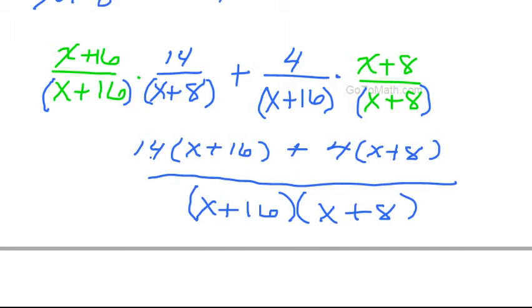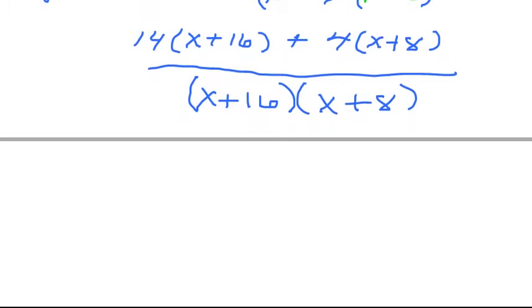Now what we'll probably want to do here is multiply that 14 across, multiply that across, and collect up some like terms, get that in some kind of standard form there. So we end up with 14x plus, and then we got 14 times 16, let's see, that's 140. I'm trying to do that in my head. Plus, let's see, 224. And what do we got?